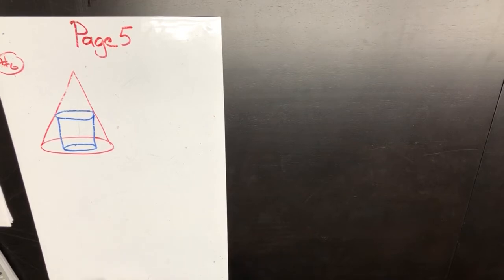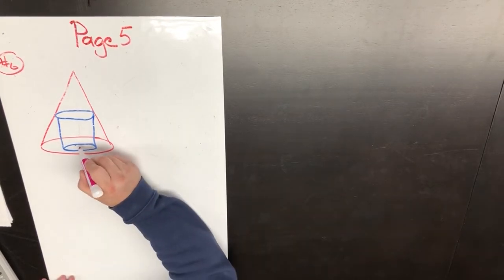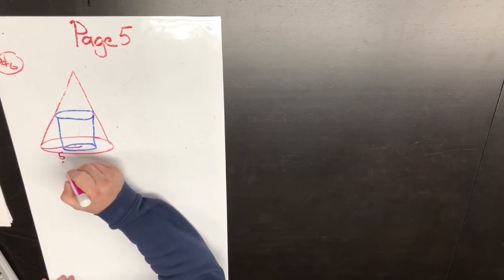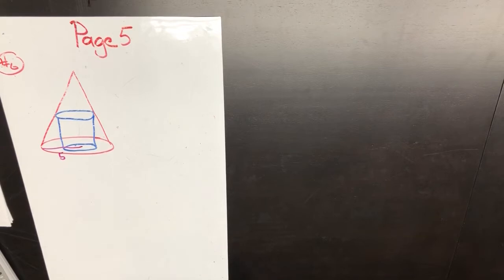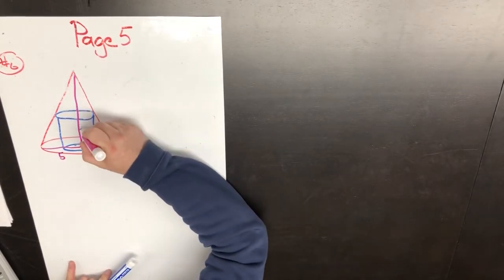It has a base diameter of 10 centimeters, so that makes this radius equal to 5. And then we have the height of the cone to be 20. So that's the distance from here to here to be 20.